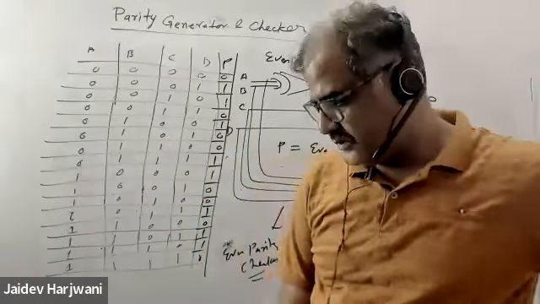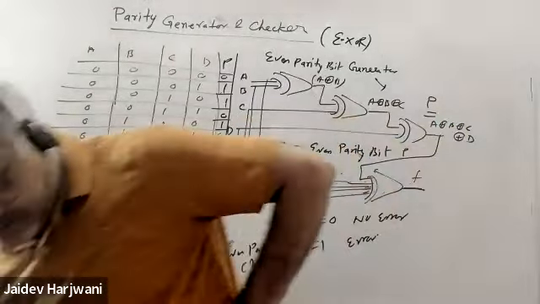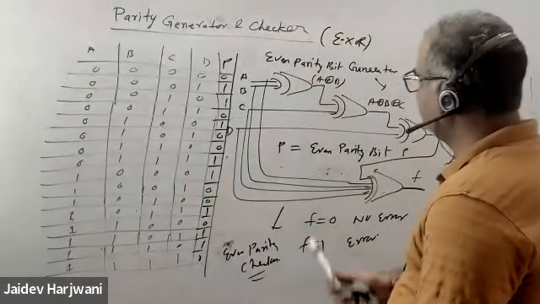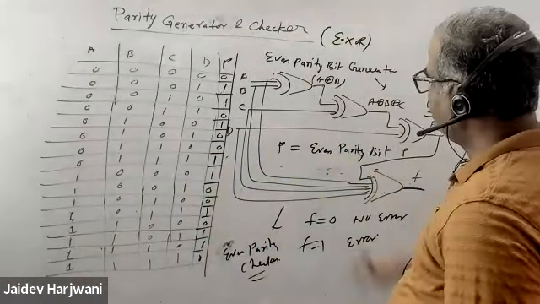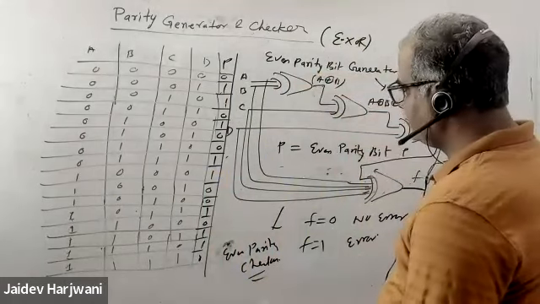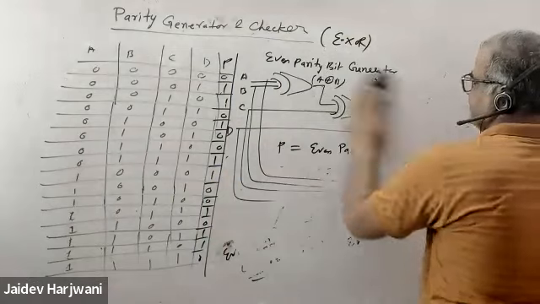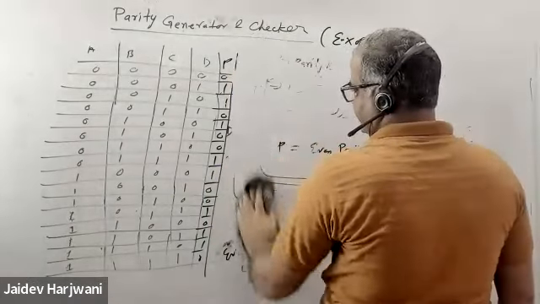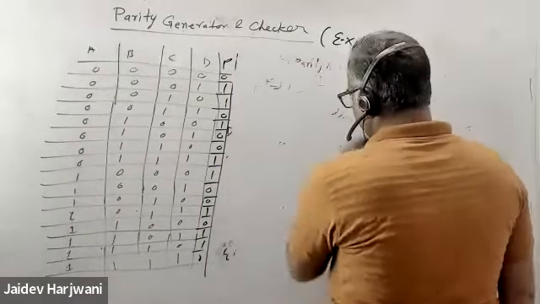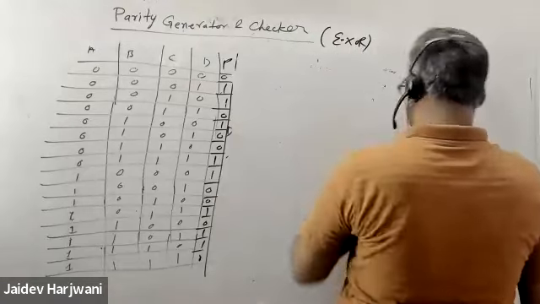Okay, so this is very simple. This is your parity generation using the XOR gate. Now this is an even parity generator. Now if I want to generate odd parity, the same circuit will be there for odd checking and generation.